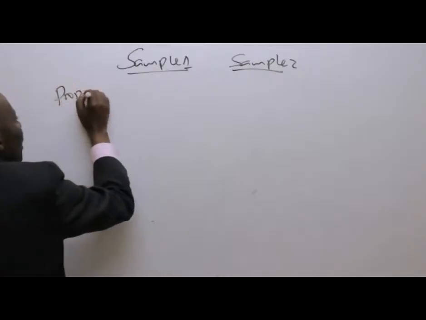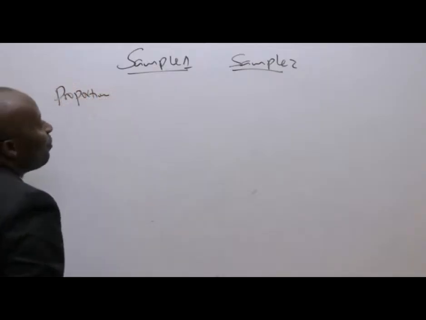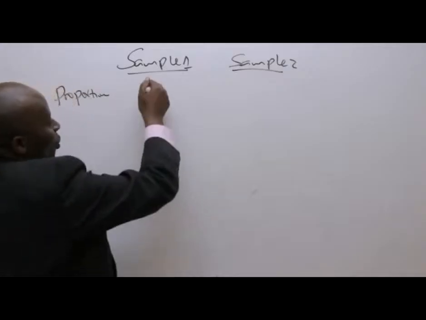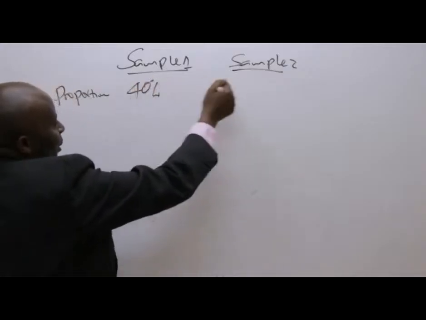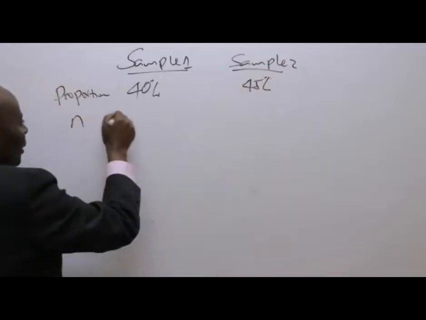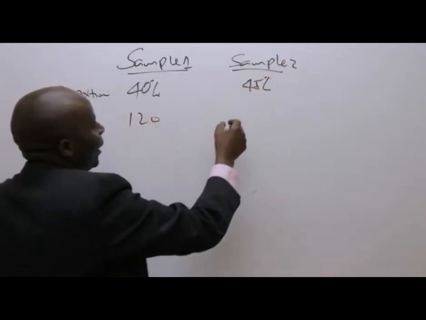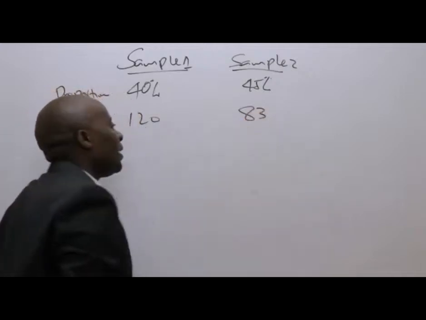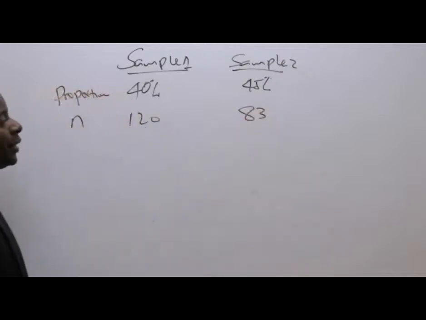We have our proportions: this could be 40% and this could be 45%. They have given us N: N here is 120, and N here is 83.